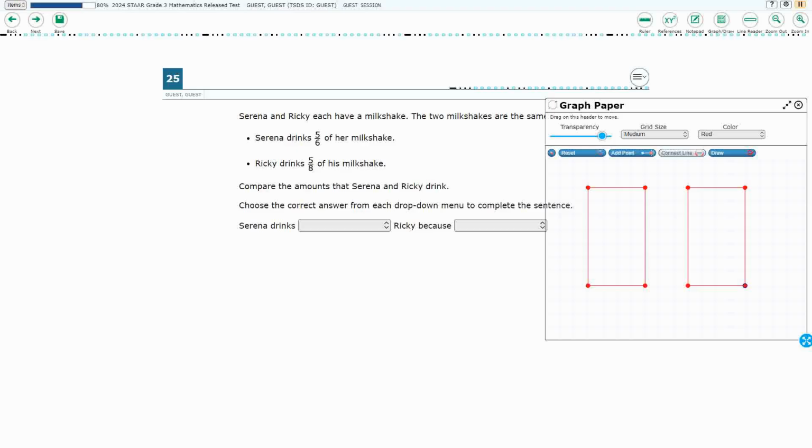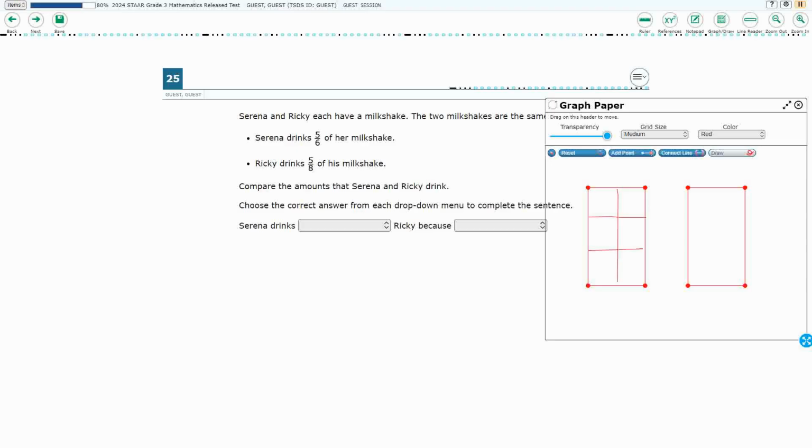All right, so I'm not going to necessarily try to use the lines to connect the 5/6 and the 5/8. What I want to do is draw a picture to represent how we could compare these, and then I want to show you a trick for how you can compare these without a picture. So 5/6. If I wanted to split this into 6, what I'm going to do is split that into thirds. Thirds can be kind of tricky, but if you eyeball it, you can usually do it.